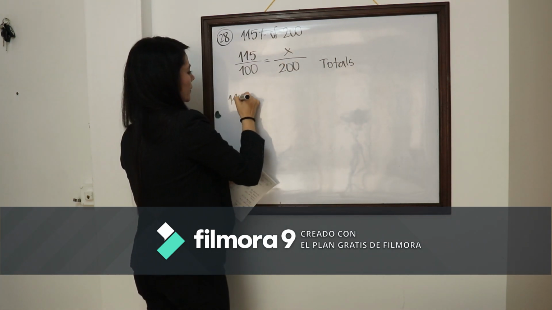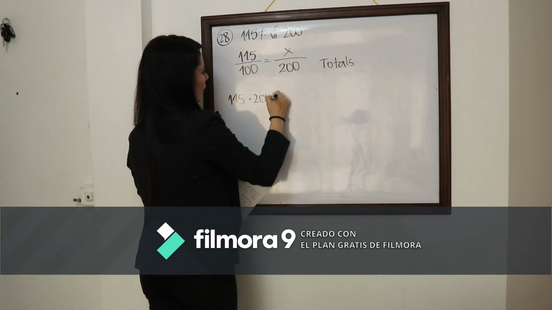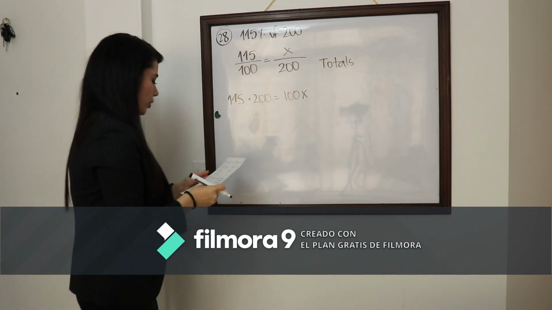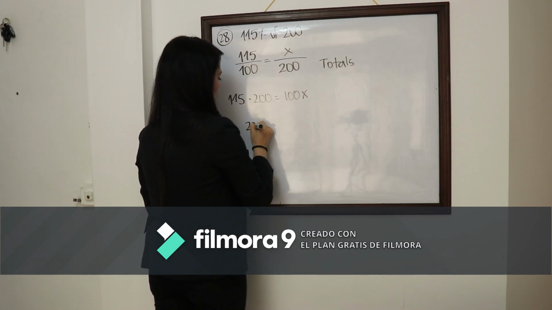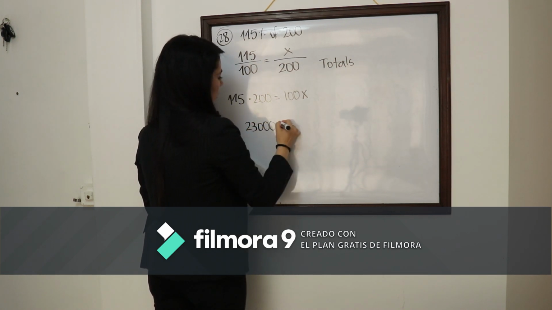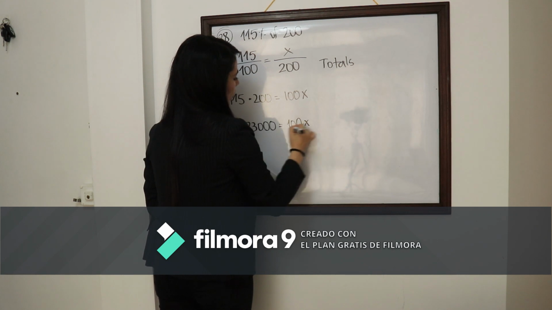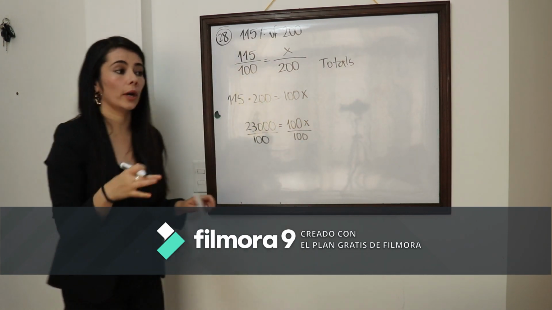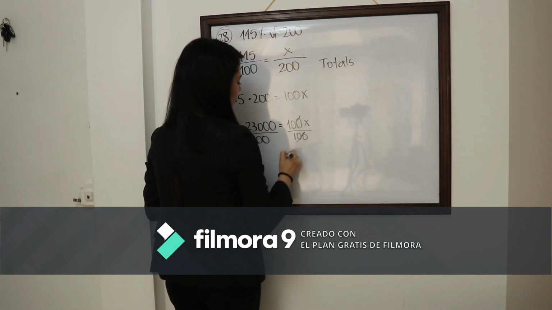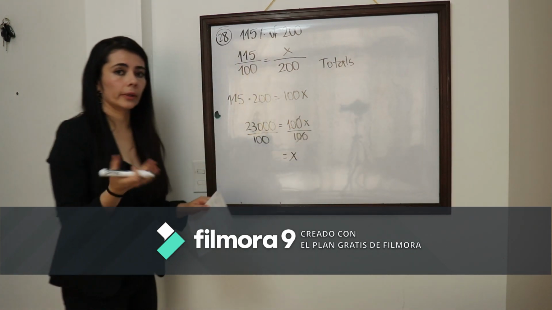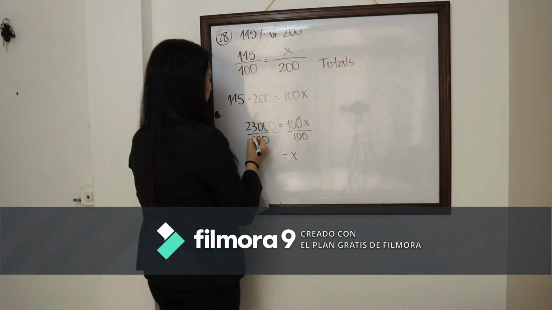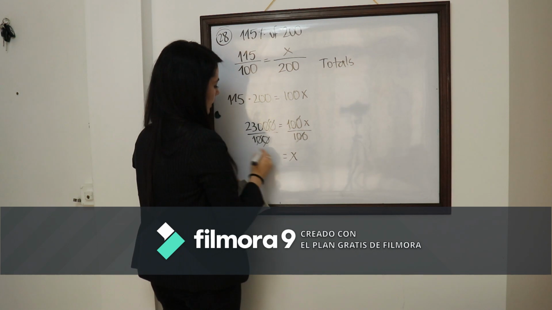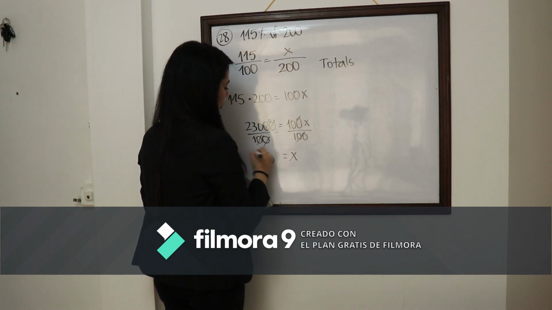So 115 times 200 equals 100x. And of course, I just need to multiply that, which is going to be 23,000, and then I'm just going to divide by 100. Now I know you guys have shortcuts, I just wanted to do it all, just in case some of you don't remember or don't accurately get the answers, all right? And then I can just cancel the zeros out, and I know it's going to be 230, okay?